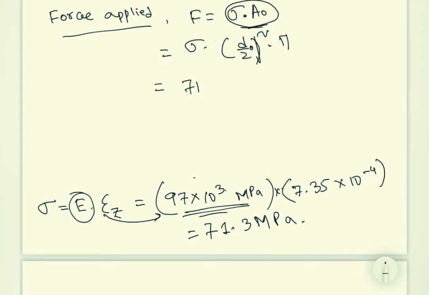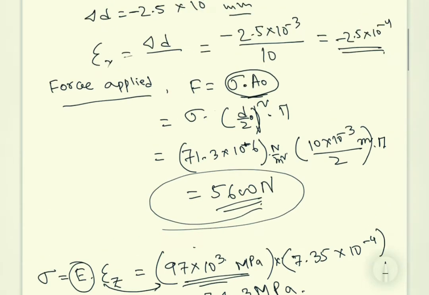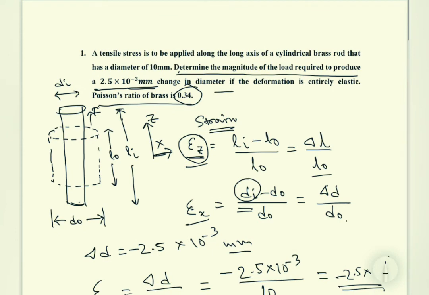If I put all the values here, 10^6 plus 6, because that will be Newton per meter square, into 10 × 10^-3 meter multiplied by pi. So finally we get 5600. So this is the answer, the force we have to apply to get this sort of deformation in diameter.